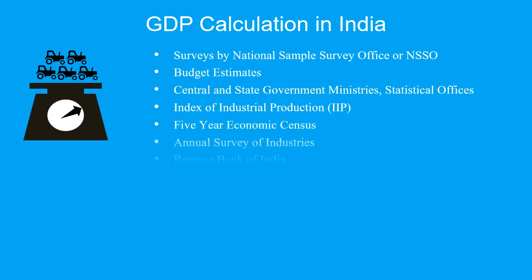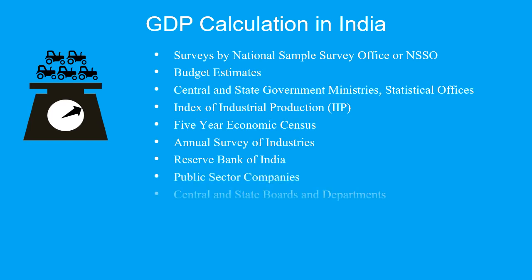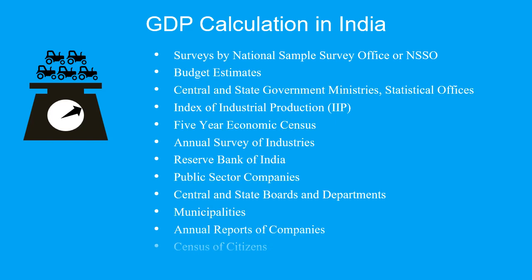Apart from this, the 5-year economic census and the annual survey of industries also provide a lot of data for GDP calculation. Then, there are reports from the Reserve Bank of India, public sector companies, boards of the central and state governments, departments and municipalities, the annual reports of companies, and figures of the census of citizens, which are also used in the estimation of GDP.